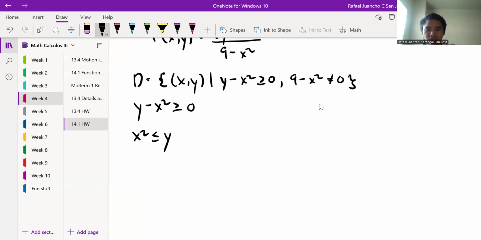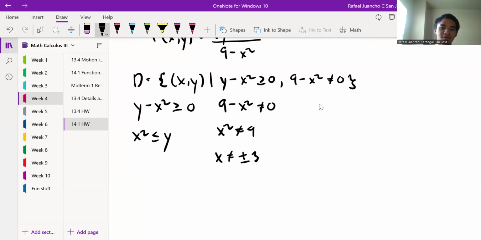And my other condition was this, which is not equal to 0. Well, I see that my x squared should not be equal to 9. And so that means my x should not be equal to positive and negative 3. Those are the two conditions that I have.